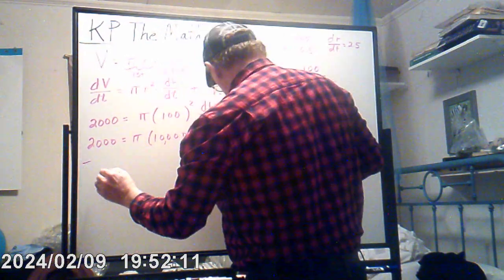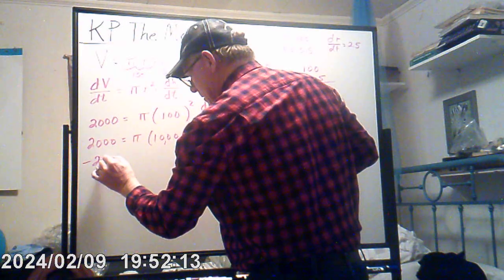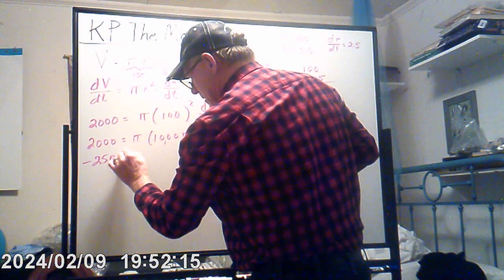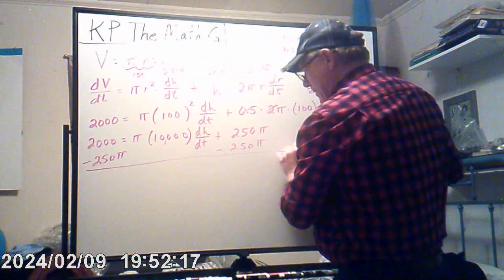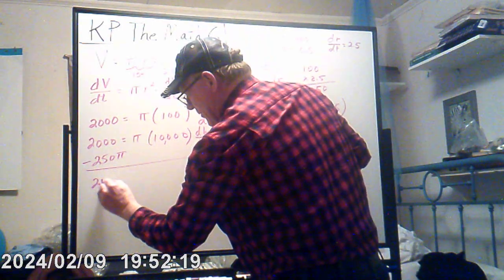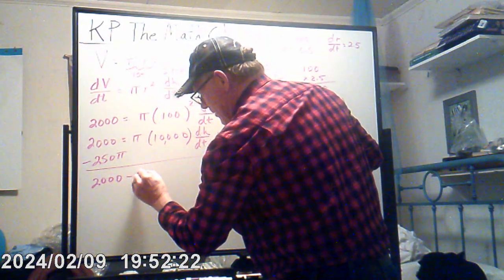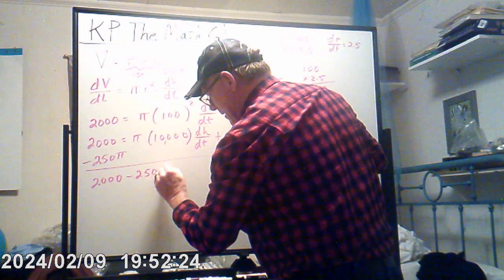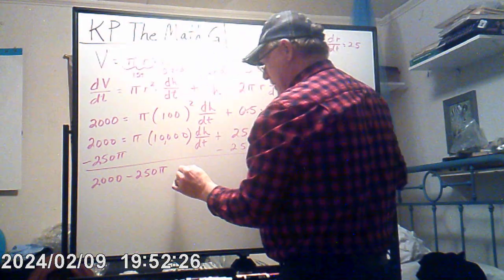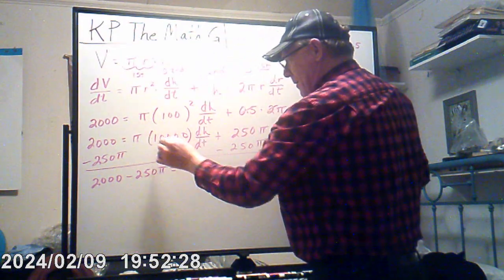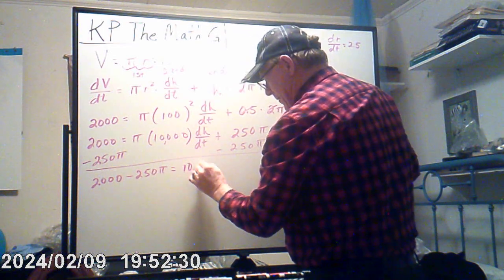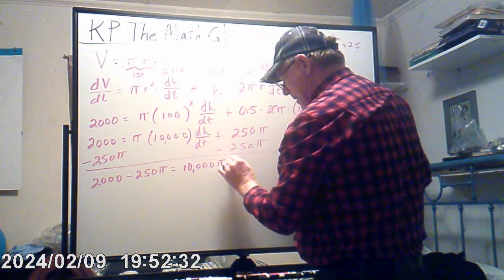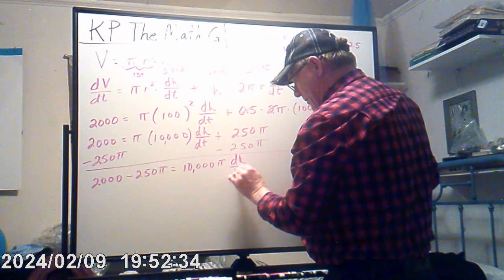So minus 250 pi. So this left side is 2000 minus 250 pi, is equal to, and I can put the pi on the end here, 10,000 pi dH over dt.